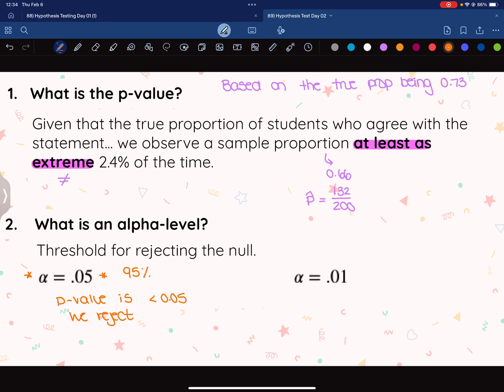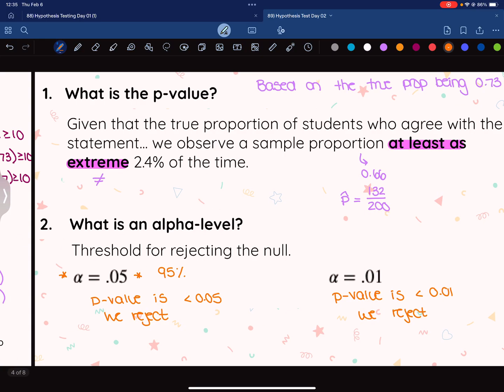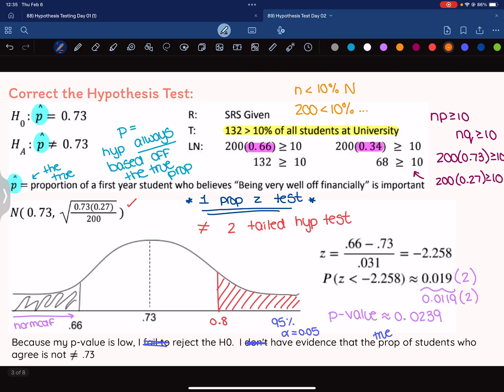Same thing over here. My alpha level could be 0.01 depending on the question. So if my p-value is less than that, we reject. With those two, it could change based off what we have. If I change my alpha to 0.01 in this case, now I wouldn't have rejected.